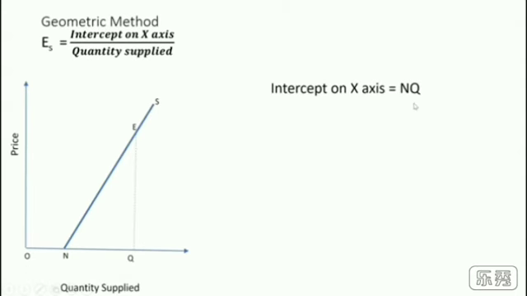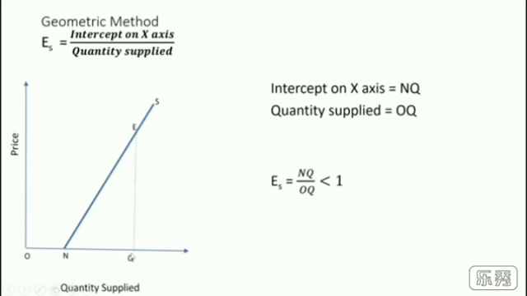So now the intercept on the x-axis is NQ, and the quantity supplied is OQ. So now NQ0 is less than OQ0, and hence the elasticity of supply is less than 1.